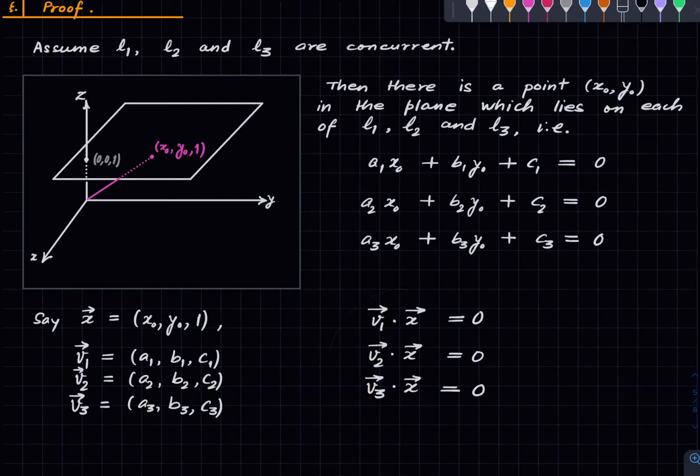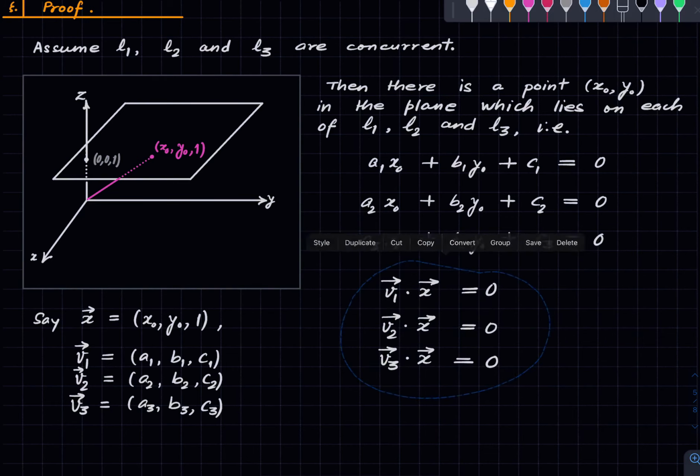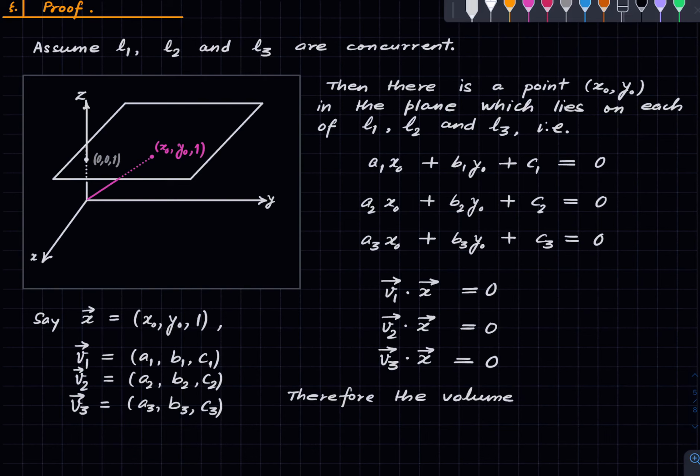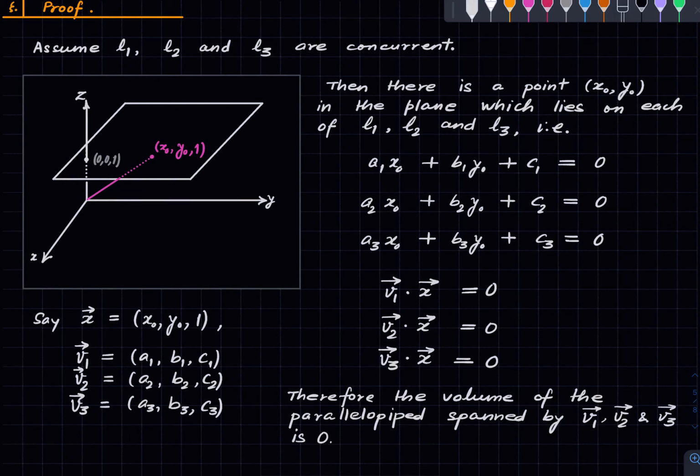Now if they lie on a plane, then the volume of the parallelepiped spanned by the three vectors is 0, which means that the box product of these three vectors is 0.